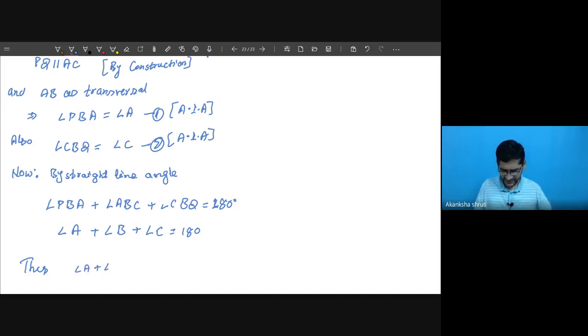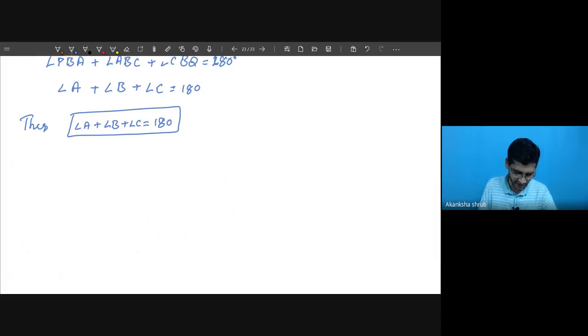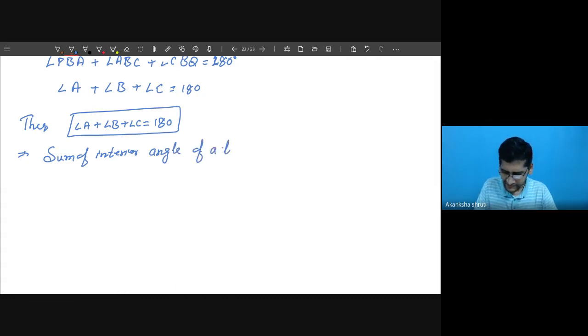Angle A plus angle B plus angle C is equal to 180 degrees. What are A, B, C? They are the internal angles. So this tells us the sum of interior angles of a triangle is 180 degrees.